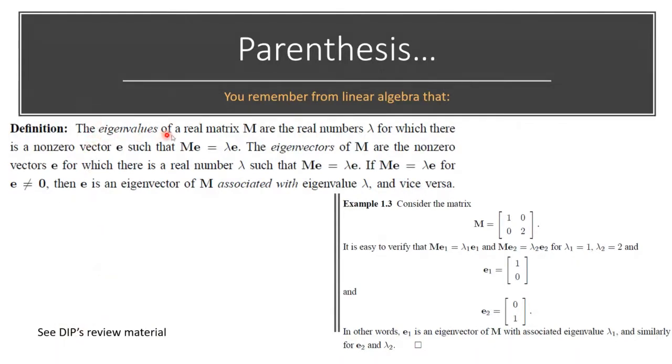Basically, the eigenvalues of a real matrix M are the real numbers lambda for which there is a non-zero vector E, such that this non-zero vector E multiplied by matrix M is equal to this eigenvalue lambda multiplied by the same vector. So what's happening here? Why do we use this? A matrix can be a big and complex thing.